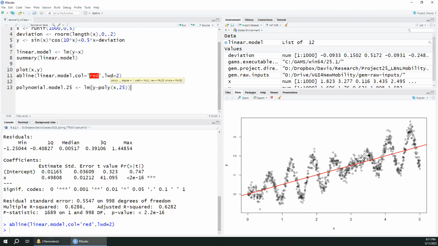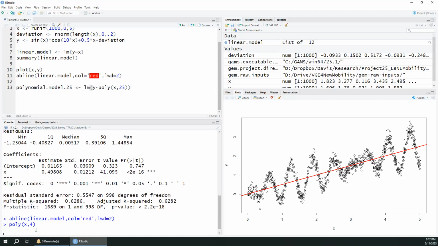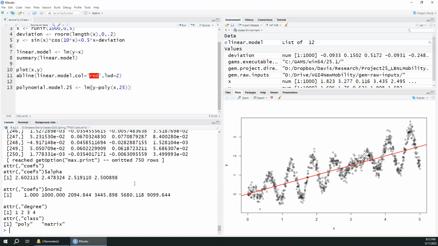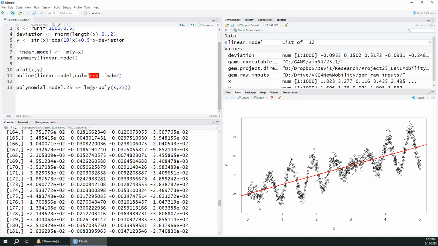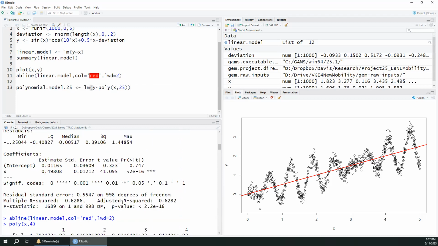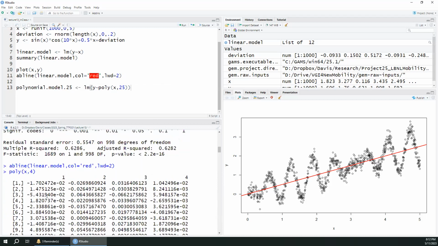In fact, we can take a look at what that looks like. If I just do, let's say, 4 polynomial terms, it creates a matrix, and each of these columns is essentially corresponding to the polynomial. So x squared, x cubed, and x to the 4th.